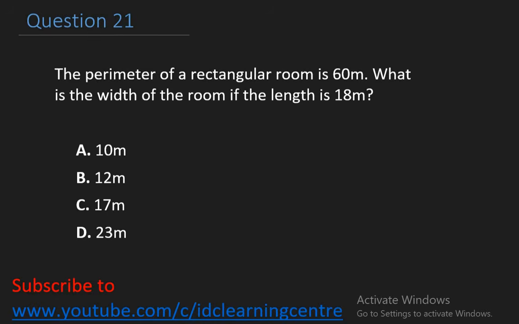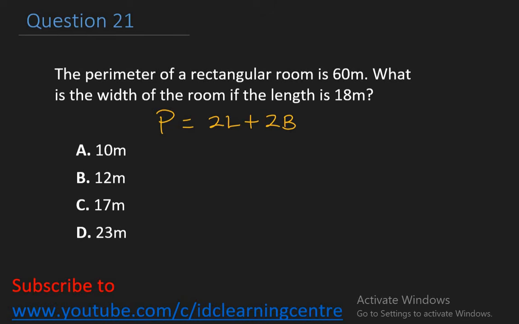Question 21. Now this question says, the perimeter of a rectangular room is 60 meters. What is the width of the room if the length is 18 meters? I want you to know that the perimeter of a rectangle is 2L plus 2B.